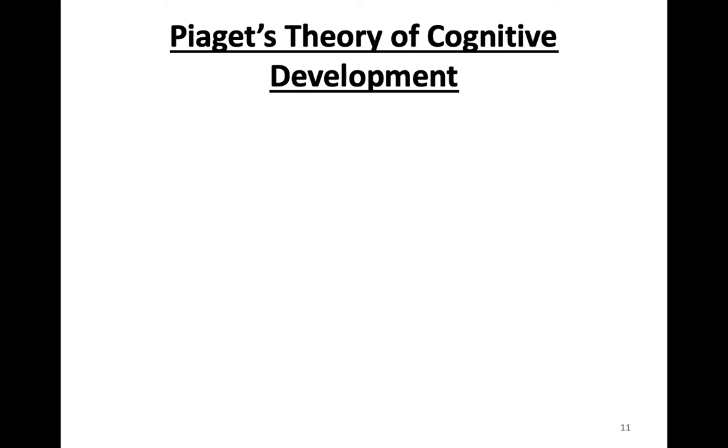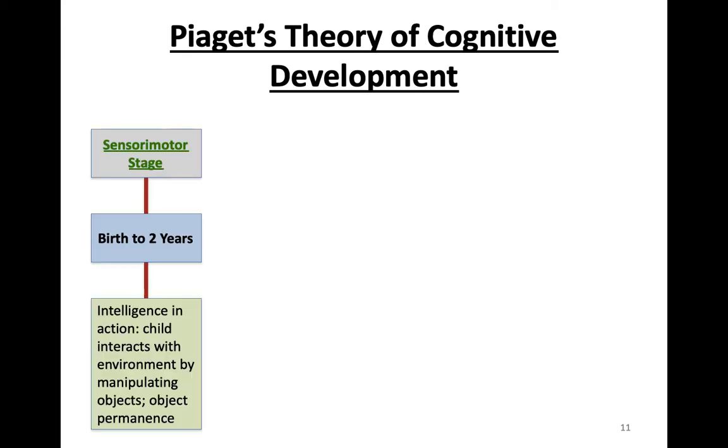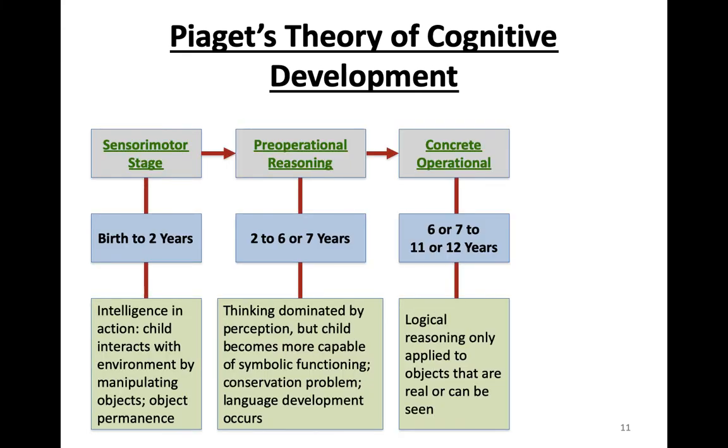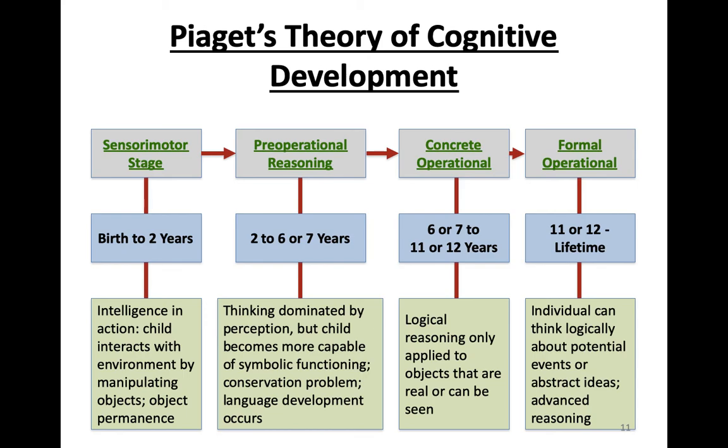And so based on the results of his observations, really of his own children as well as his neighbors' children, he proposed that children's thinking progresses through a series of 4 discrete stages. I'll just show you all of them. So by a stage, what he meant was that there's a period during which a child thinks similarly about the world, okay?